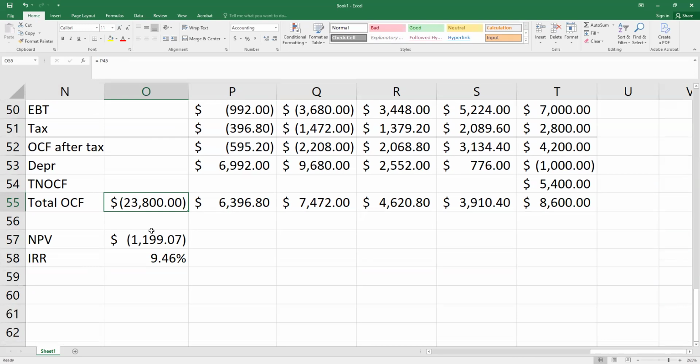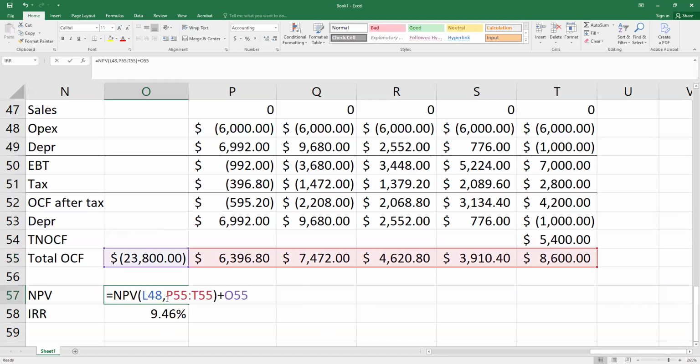Professor? This shows the function of the NPV. Yeah, sure.